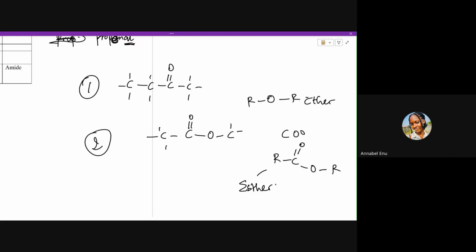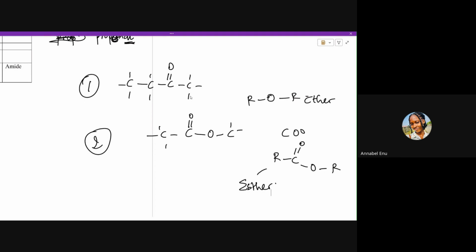The first one is what we call an alkanone, and the second is an ester. Also learn the habit of calling it ketone, because alkanone is a whole name. Get used to using the words ketone and aldehyde for the CO group and for the CHO group.